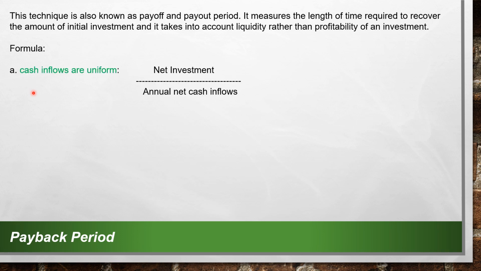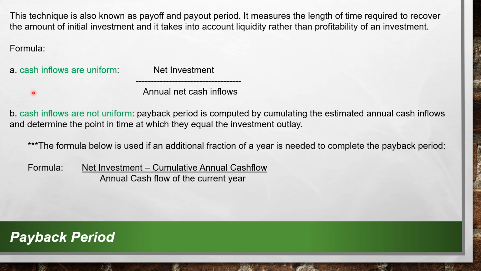So we have our formula. If cash inflows are uniform, payback period would be equal to the net investment divided by annual net cash inflows. However, if the cash inflows are not uniform, payback period is computed by cumulating the estimated annual cash inflows and determining the point in time at which they equal the investment outlay.